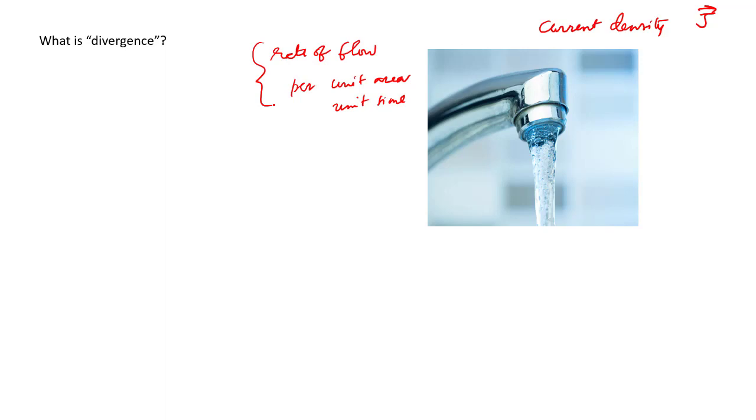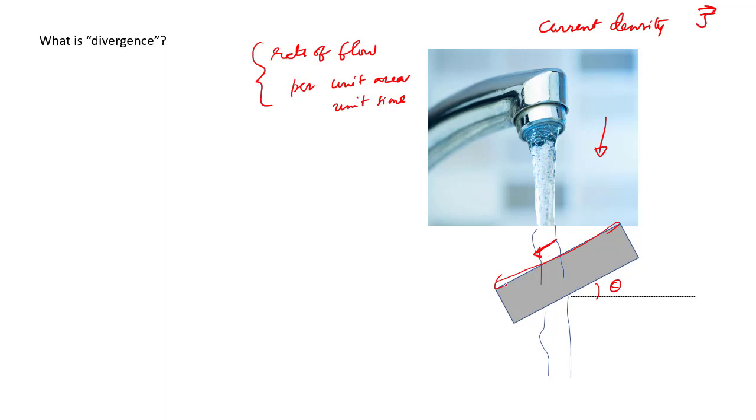Now, if you want to describe the flux, think about having a screen or a surface that is at an angle theta, as the water is flowing down with its current density. When there is a screen like this and water is going through that, there is a component of the current density, or the velocity of water, that is flowing along the screen.